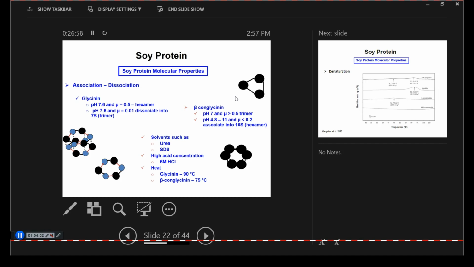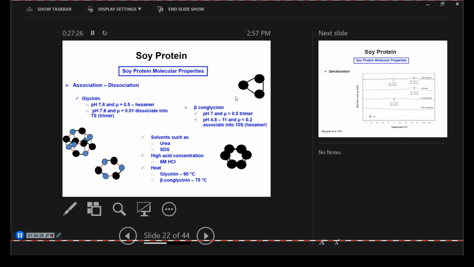So here it's just again reminding you that at pH 7.6 and ionic strength of 0.5, we have the hexamer, which is the two hexagons, a trimer and a trimer. However, when we reduce the salt content, we interrupt the hydrogen bonding and ionic interactions because there's more interaction with water.